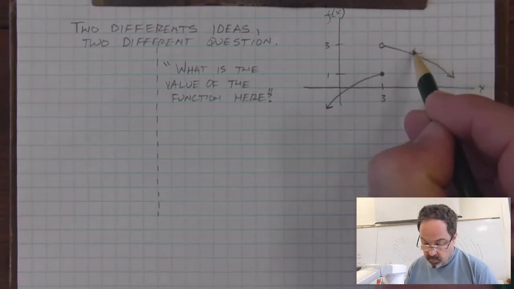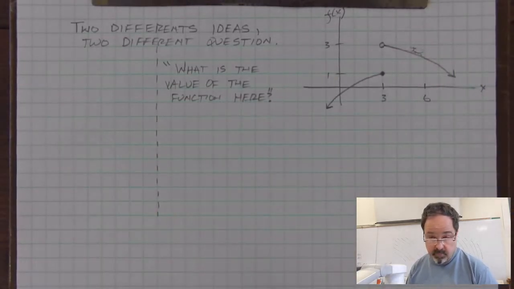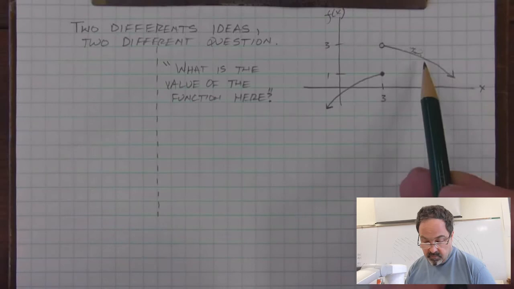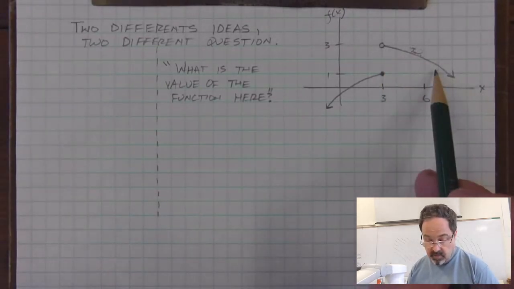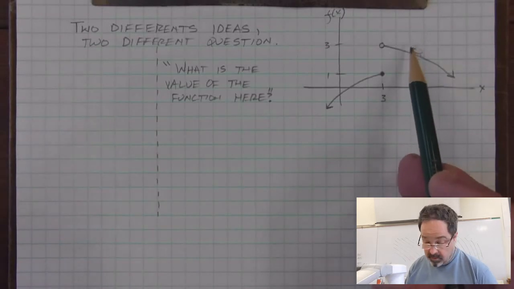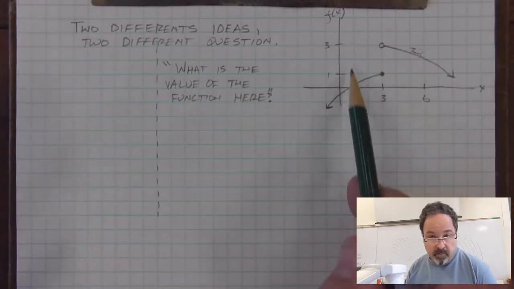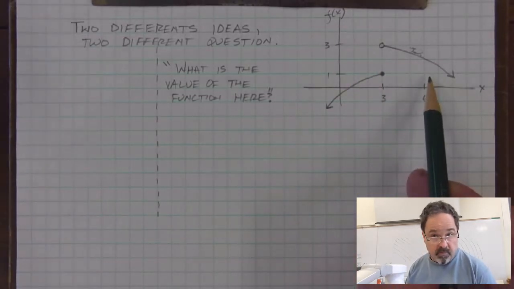We could imagine that we're a thinking bug, able to crawl along the function as if it's a path. So if I ask this question as a bug, what is the value of the function here at any location? Then I would get my answer by reading the vertical axis to find the value at any place in the domain that was defined.